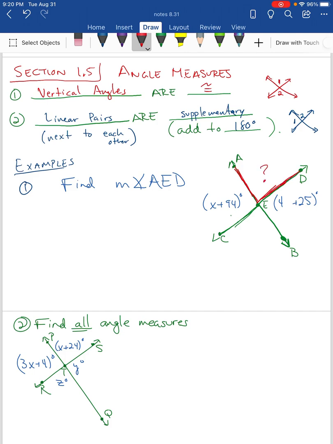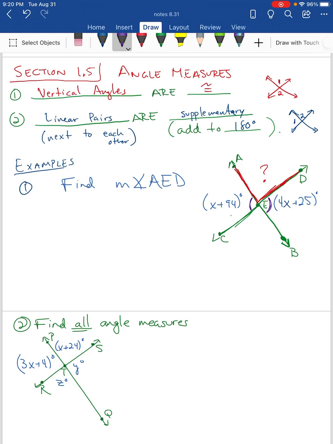The only information they give us is that the angle to the left of that is x plus 94 degrees, and the one across from that is 4x plus 25 degrees. You do need to know that the relationship between those two angles is vertical, which means that they are congruent.